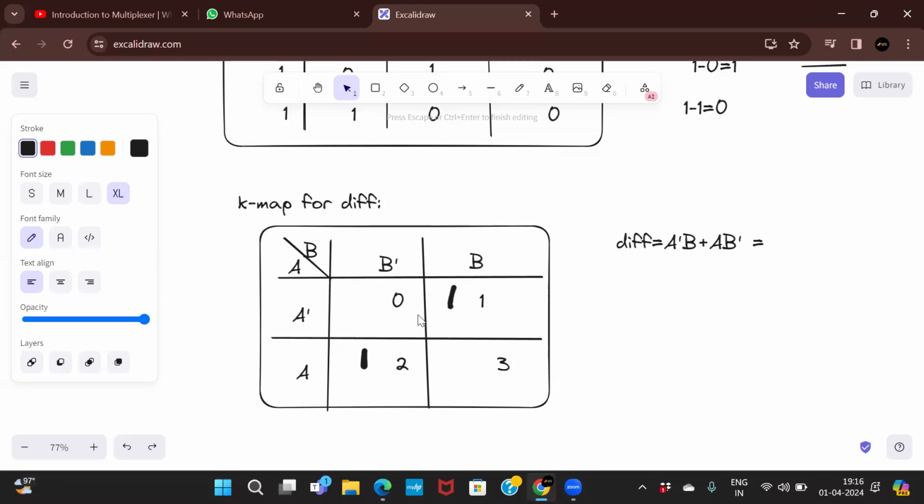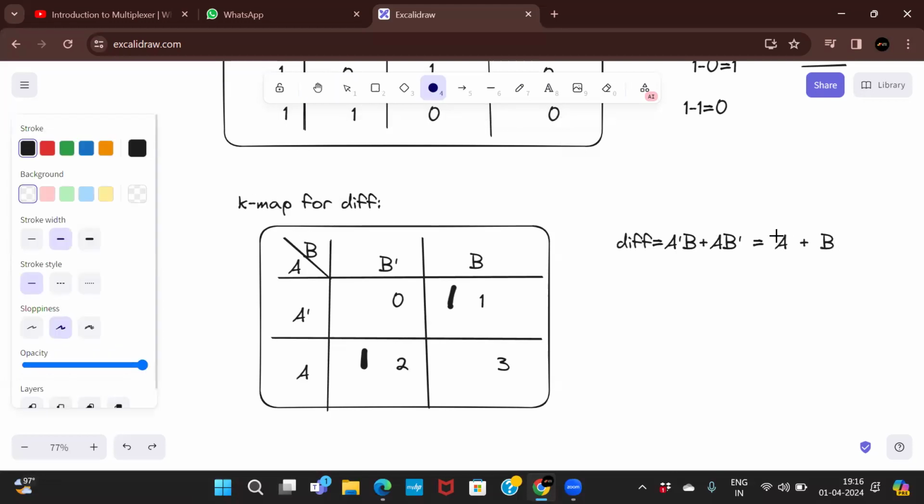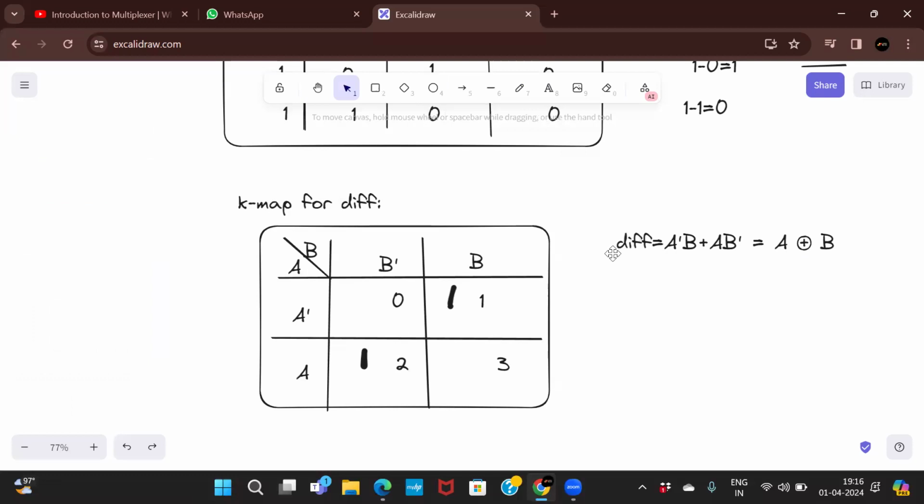It is an XOR gate. Perfect. So you know how to solve it, and the expression for difference is A XOR B.